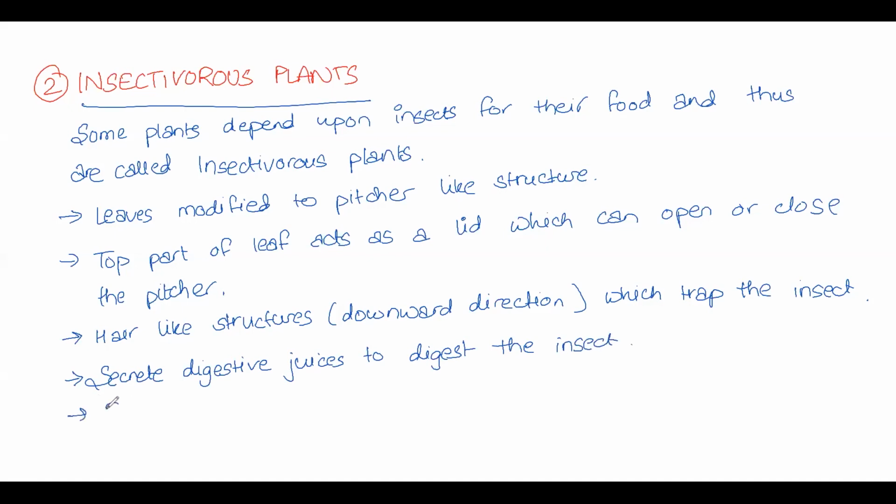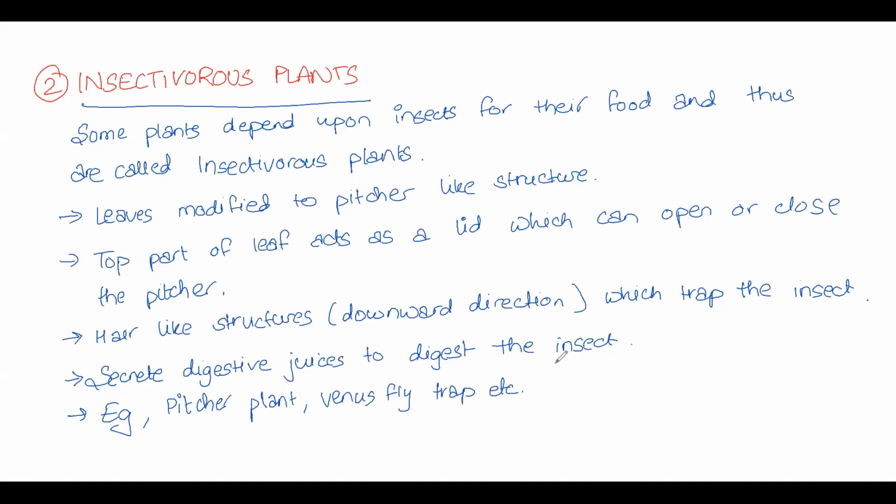And the examples are the pitcher plant, the Venus flytrap, etc. So I hope you all know what insectivorous plants are. They are those plants which depend upon insects for their food.